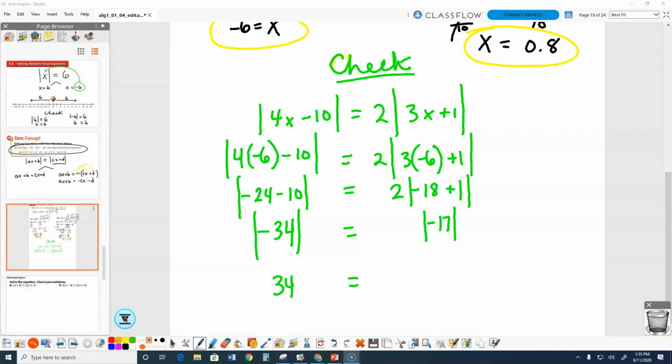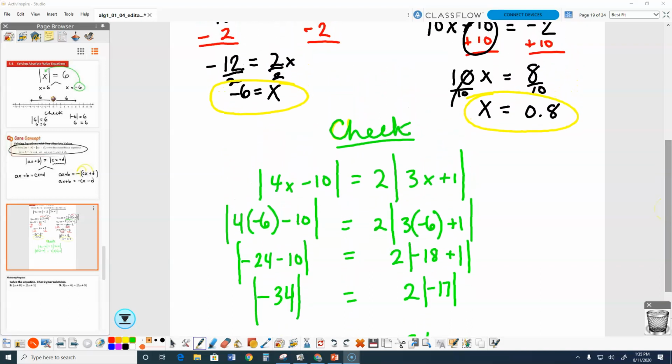I'm going to take the absolute value of that and then multiply it by 2. The absolute value of negative 17 is positive 17. Positive 17 times 2 is 34. So I can see 34 does equal 34. So that means I did find the correct answer here.